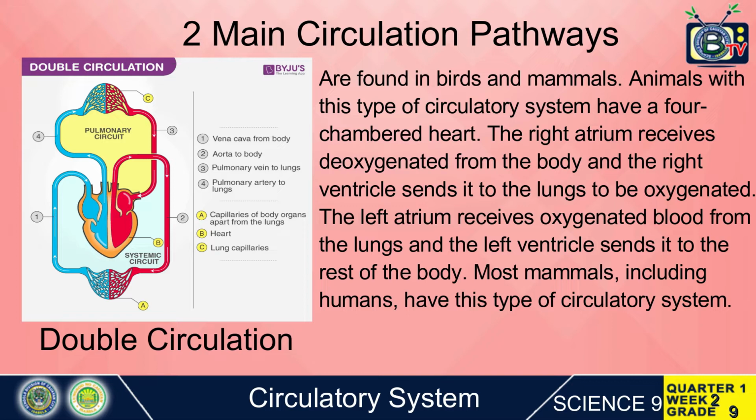The left atrium receives oxygenated blood from the lungs, and the left ventricle sends it to the rest of the body. Most mammals, including humans, have this type of circulatory system. These circulatory systems are called double circulatory systems because they are made up of two circuits, referred to as the pulmonary and systemic circulatory systems.